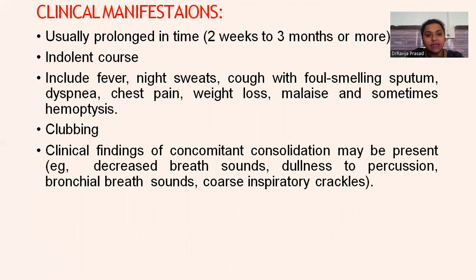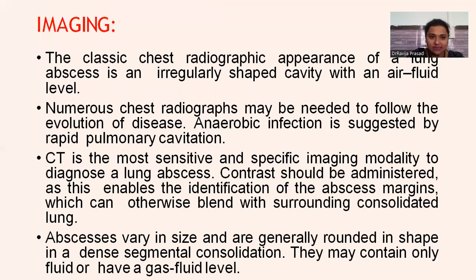Indolent courses include symptoms which we really find in the lung abscess patient, such as fever, night sweats, cough with foul sputum, dyspnea, chest pain, weight loss, malaise, and sometimes hemoptysis and clubbing. Clinical findings of concomitant consolidation may be present. For example, decreased breath sounds, dull percussion, bronchial breathing, coarse inspiratory crackles.